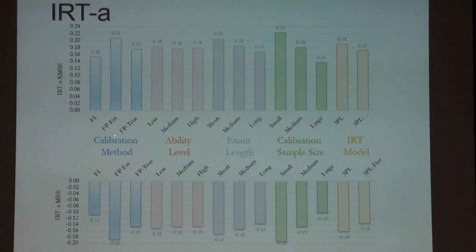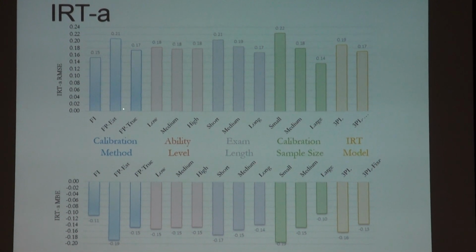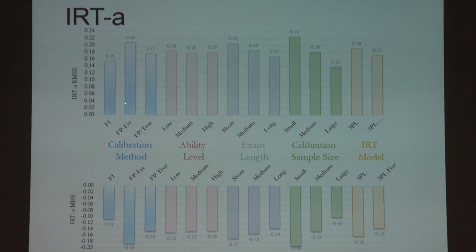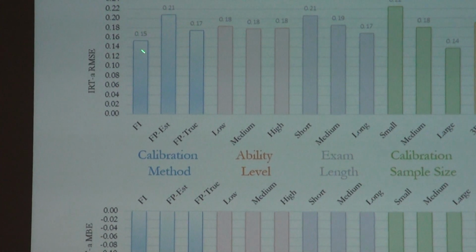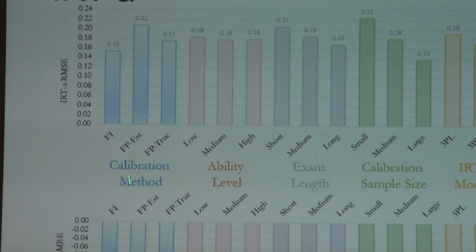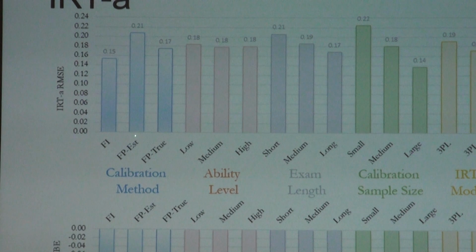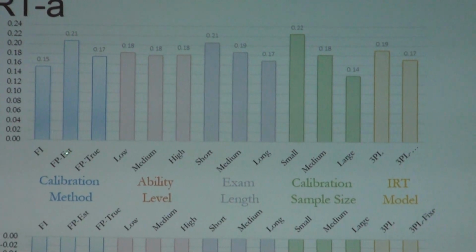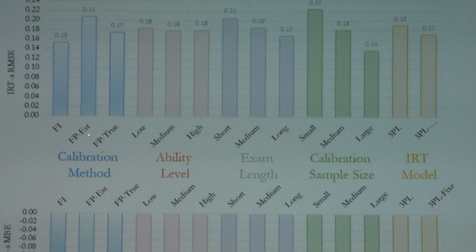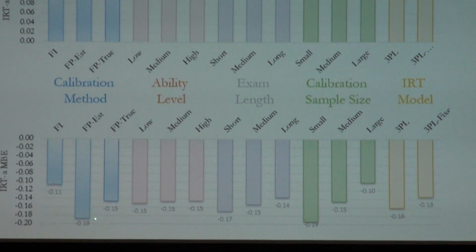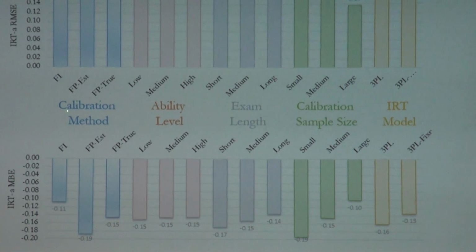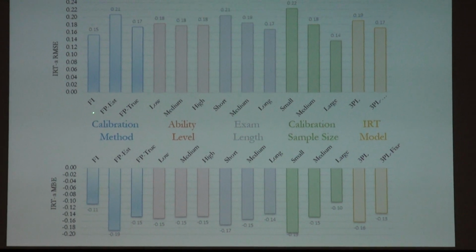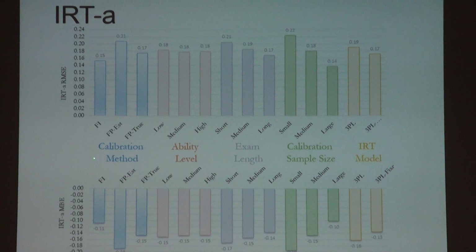So for some reason, although for fixed person parameter estimation calibration method we have better results for the ICC, if you look at IRT A, this method has larger errors for this parameter. And it also shows larger mean bias error than the fixed item parameter estimation calibration method.